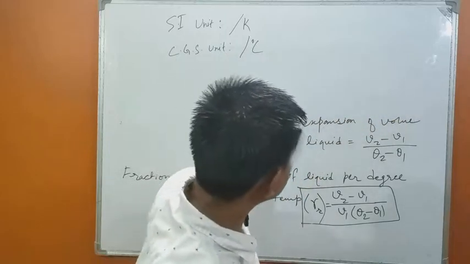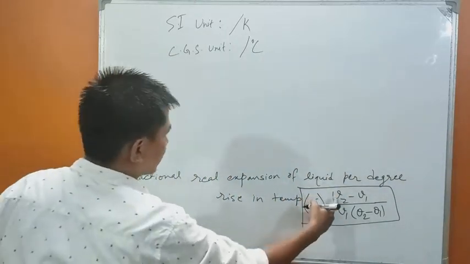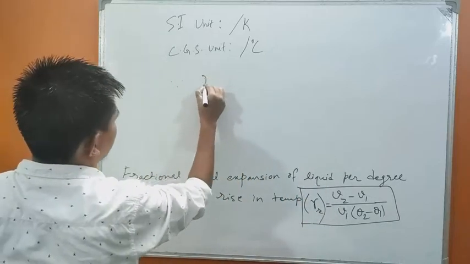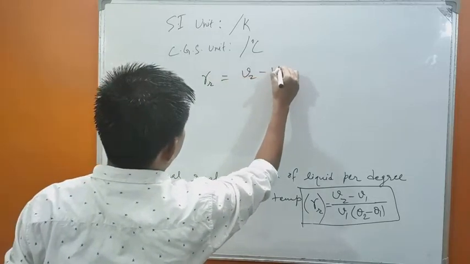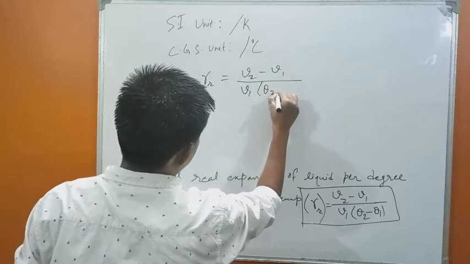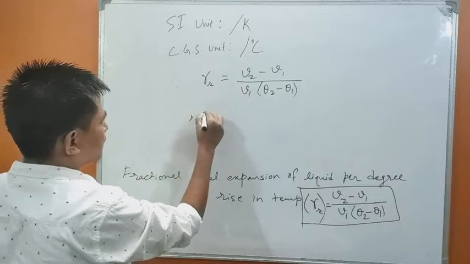Now let us find the new volume of the liquid V2. Since we have gamma R equal to V2 minus V1 upon V1 into θ2 minus θ1, isn't it? Let us cross multiply this.